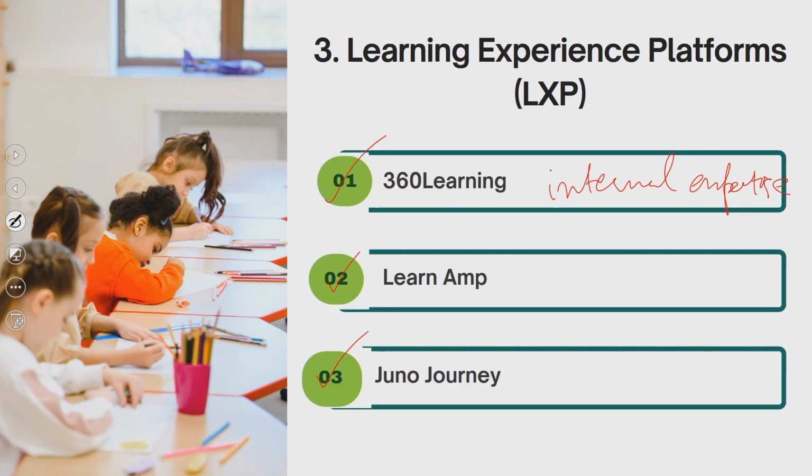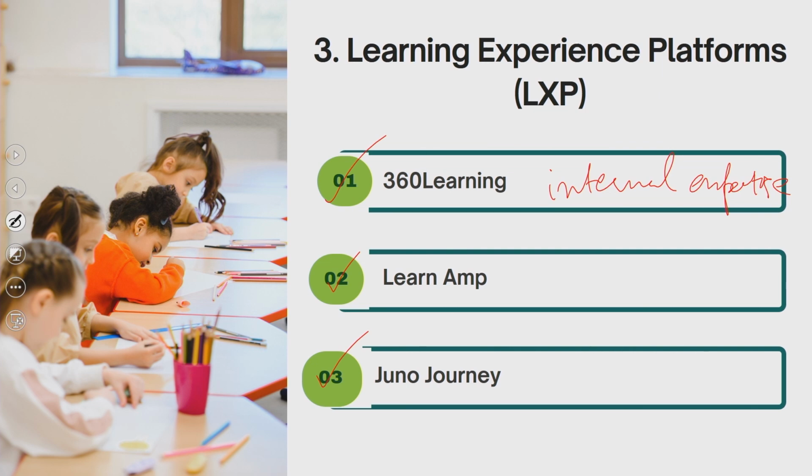The platform integrates with various content providers and internal systems to deliver a seamless learning experience aligned with the organizational objectives. If you critically use Juno Journey, you will see that there are customized learning paths based on individual skills and career goals.